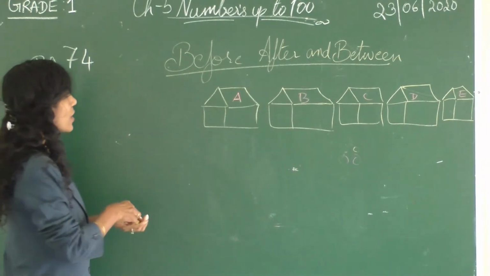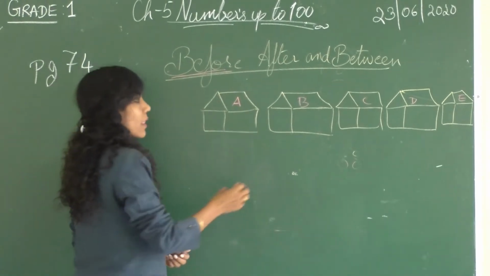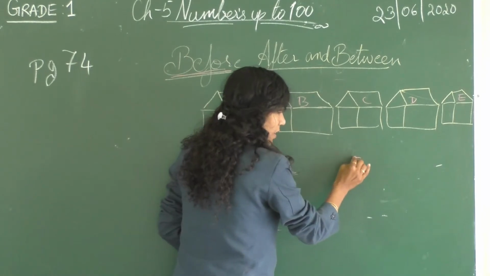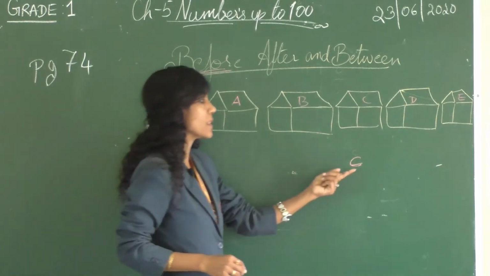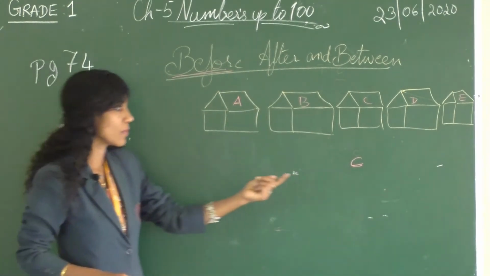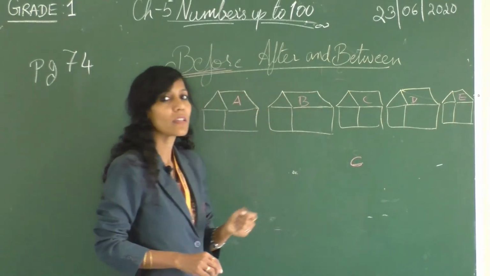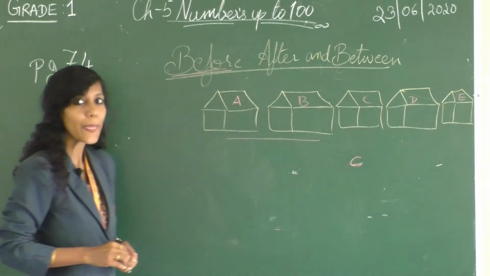We are taking the first concept, that is before. Now I ask you a question. Which is the house which comes before C? Here we have 2 houses.